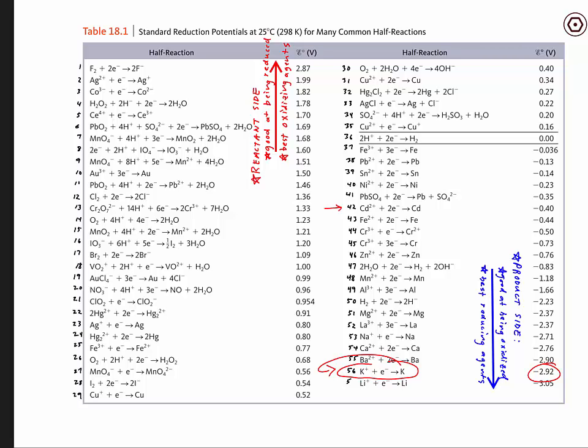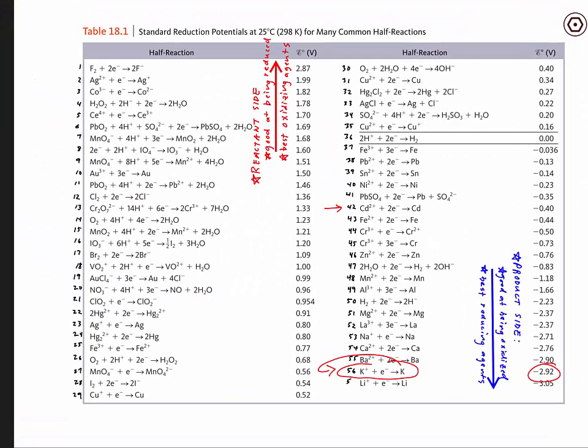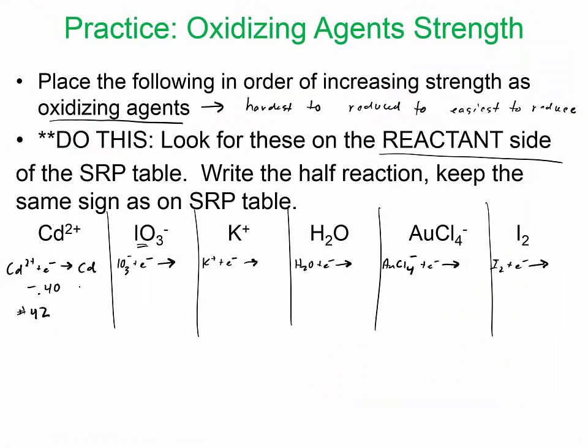So it's this one here, with a negative 0.40. Then IO3-, which is reaction number 16, has a positive 1.20.